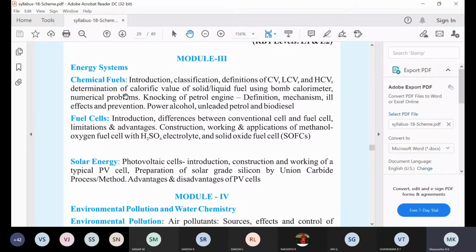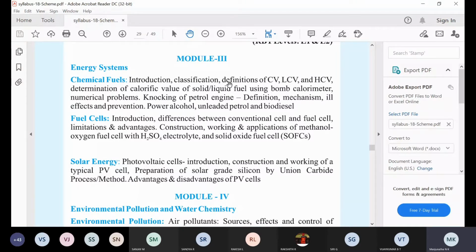Generally fuels are classified into two types. One is primary fuels and another is secondary fuels. Next is characteristics of fuels. One of the important characteristics of a fuel is calorific value.